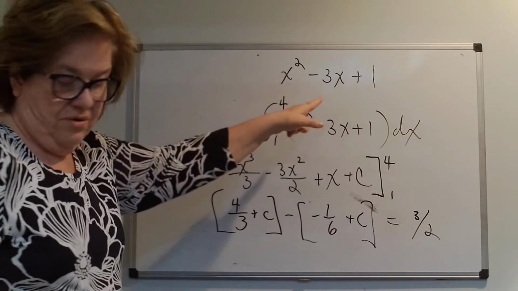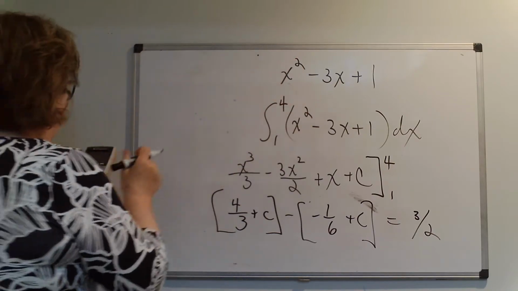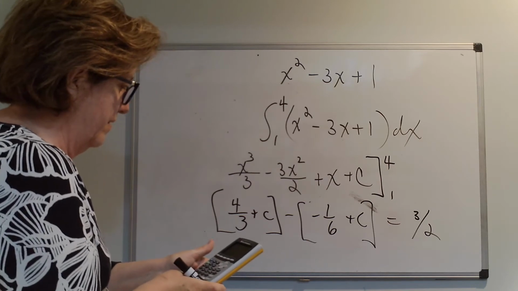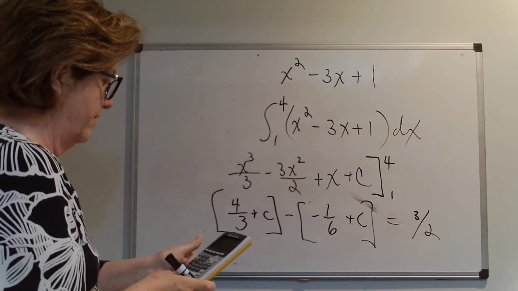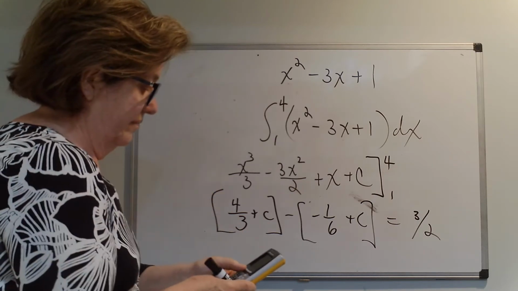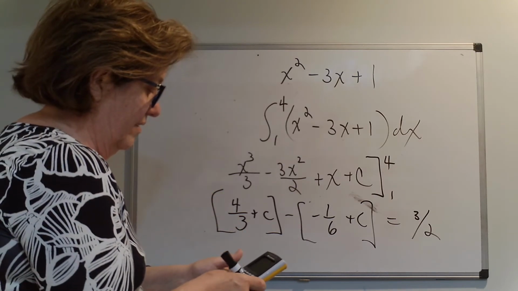Now when you look at this, so when you graph this, if you look at this from say 0 to 4, let's say I'm looking at a good window.